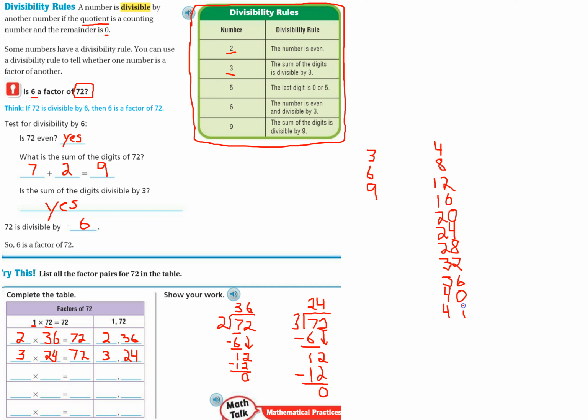We're getting closer. Then 48. 4 more would be 52. 4 more would be 56. Then 60. I'm going to continue up here. 64. 68.